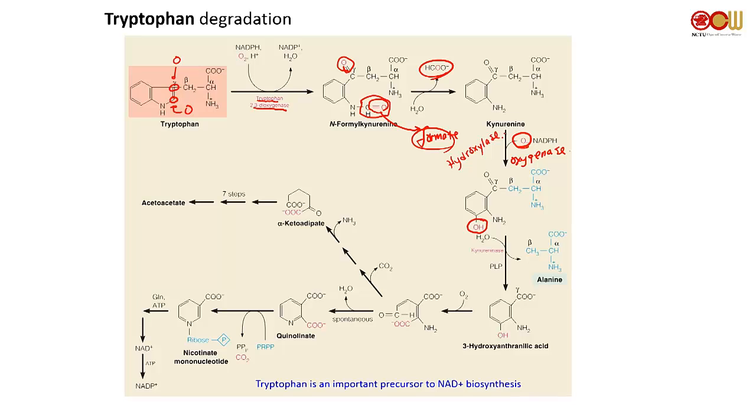Okay? Now, after that, you can cut it. You can cut this molecule in half, where you end up with alanine, and you end up with this 3-hydroxyanthranilic acid, which then, okay, you use another oxygen to break the ring structure. Okay?